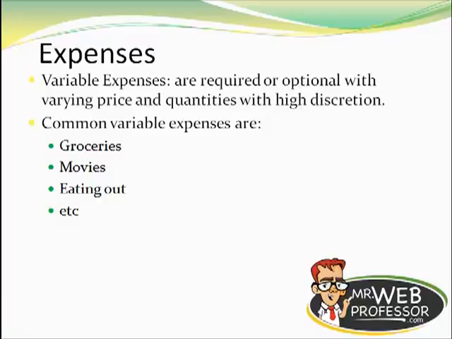For instance, when you go to the grocery store and you go to purchase your meat for the week, you could purchase all prime rib or you could purchase ground chuck. Depending on what you purchase will determine how much expense you incur. And so therefore, obviously the pricing between those two are extremely different, and you have the discretion to choose. And so these are things that we really want to monitor in our budget.